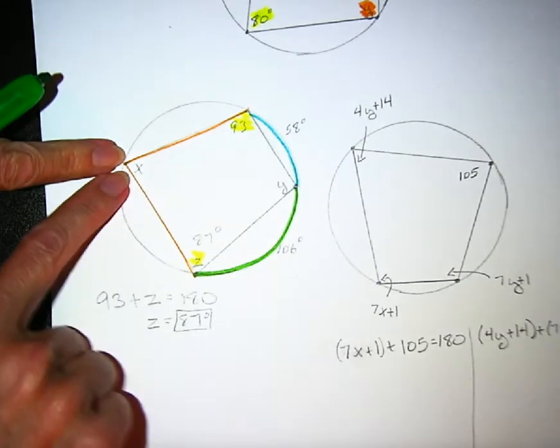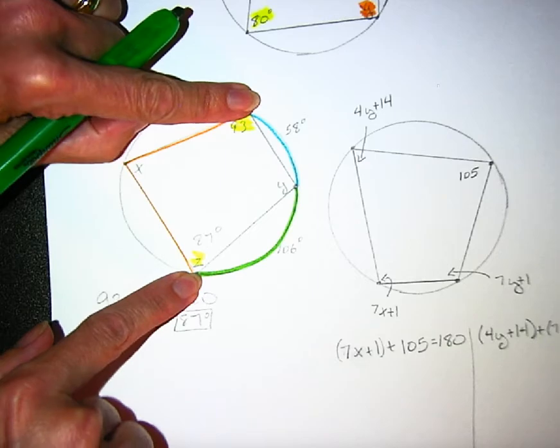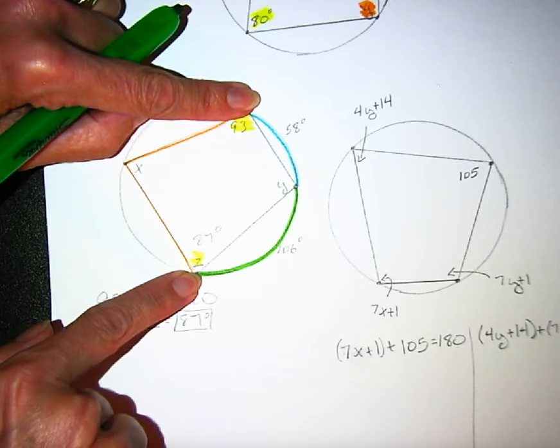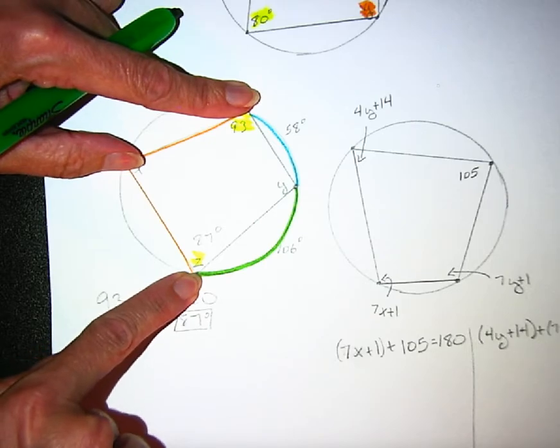See how the orange angle intercepts that one big arc, the blue and the green put together? So if I want to know x, all I have to do is add those two numbers together.